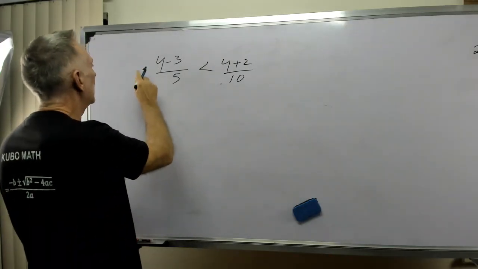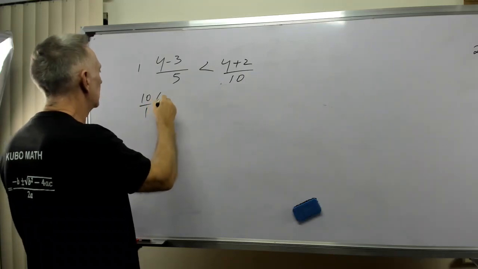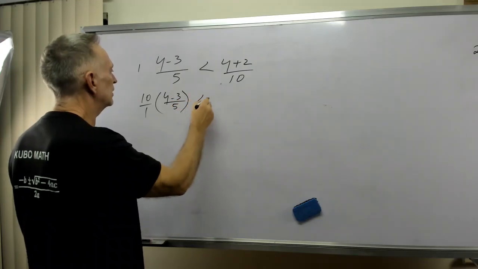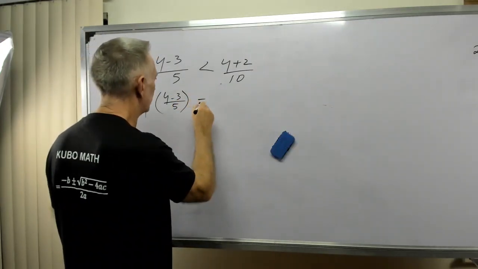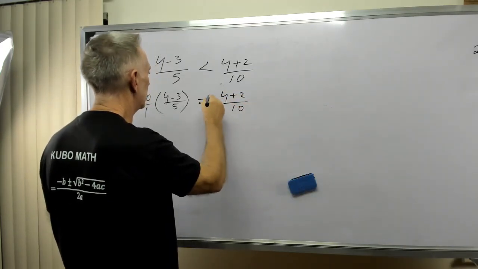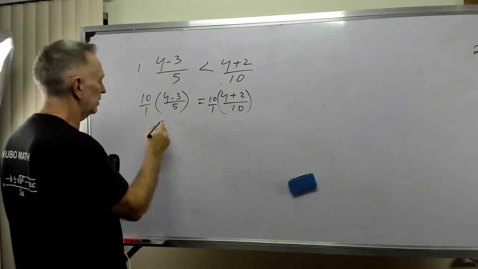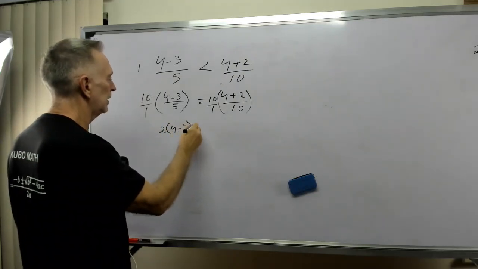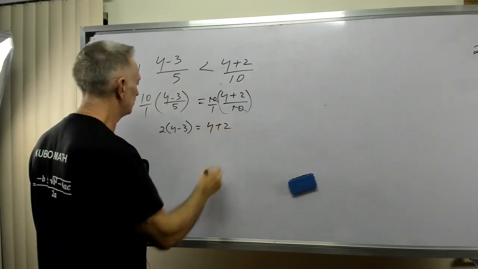Okay, now let's see, 10 over 1, times y minus 3 over 5 less than, let's go ahead and set it equal before I forget it, y plus 2 over 10 times 10 over 1. Now then, 10 divided by 5 is 2. We have 2 times y minus 3 equals, these 10's cancel, so I end up with y plus 2.